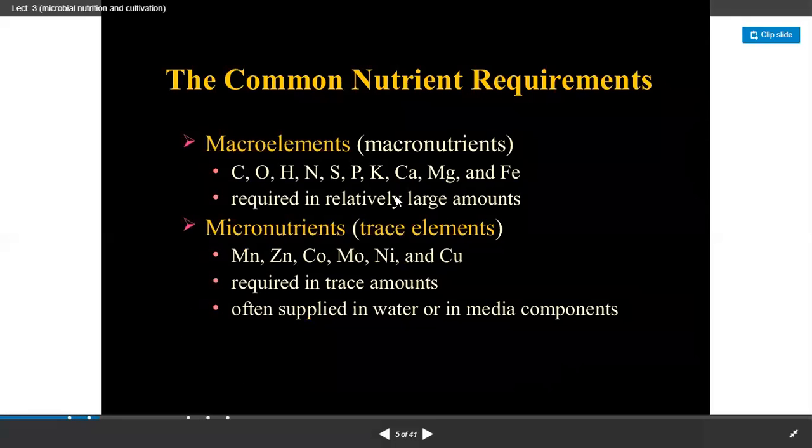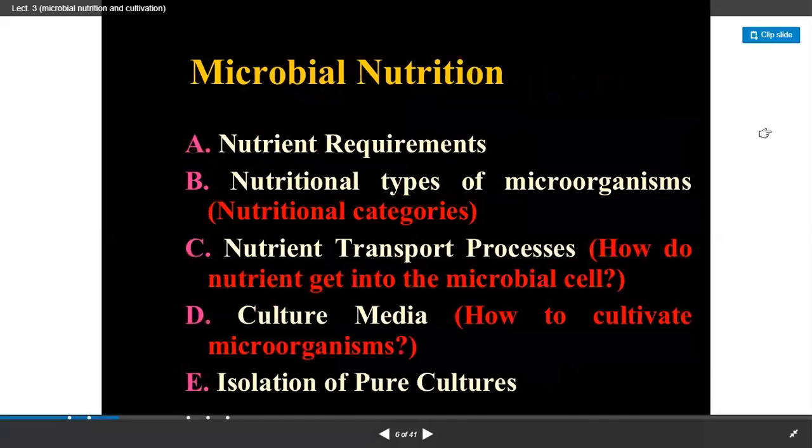The common nutrient requirements are carbon, oxygen, hydrogen, nitrogen, sulfur, phosphorus, potassium, calcium, magnesium, and iron. These are required in large quantities, and the micronutrients are required in small quantities.